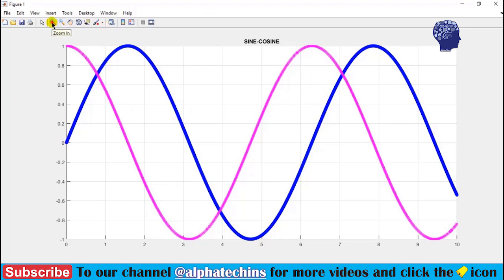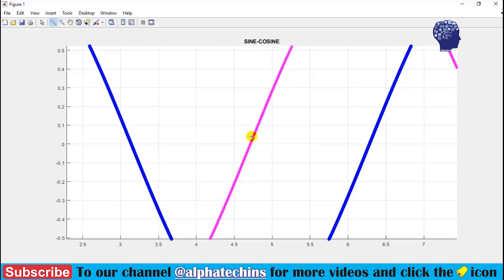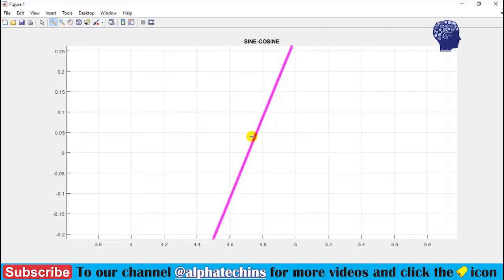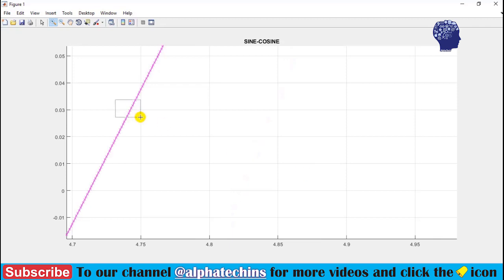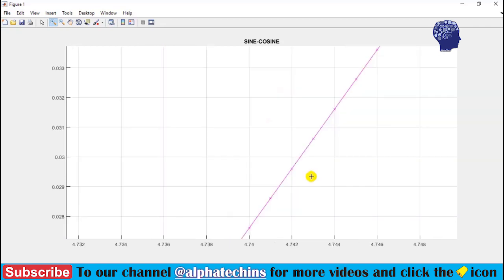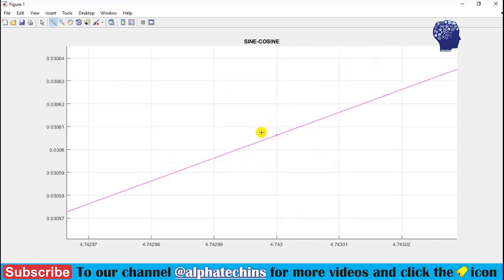If you zoom in, you can see all the lines, and also you can see the points which are represented by X, and the line is represented by dash. On more zooming in, you can also see the X and the dashes for the line.